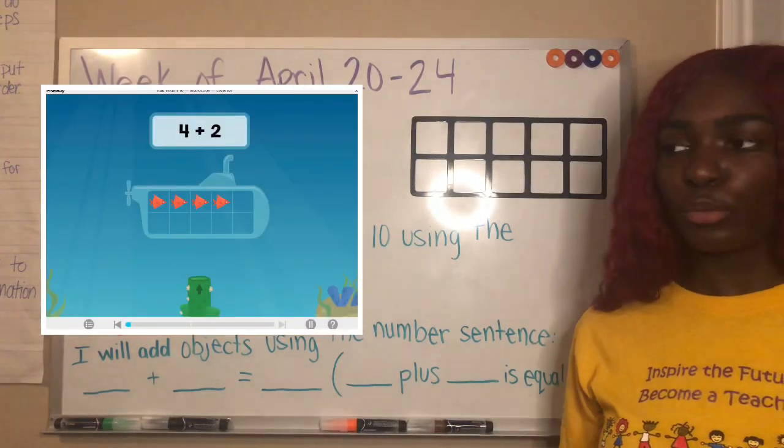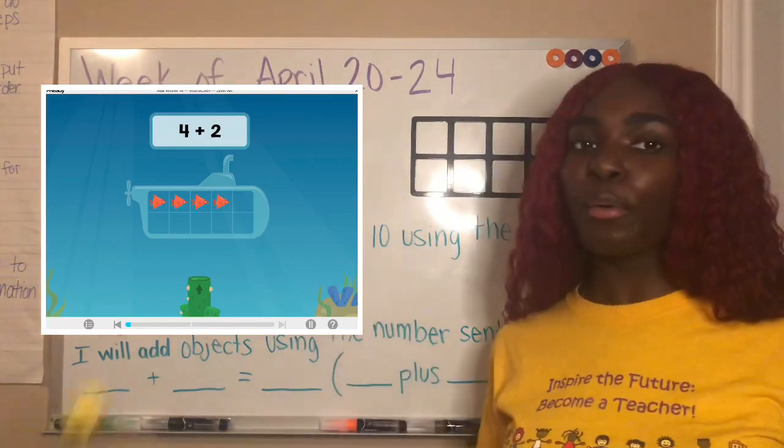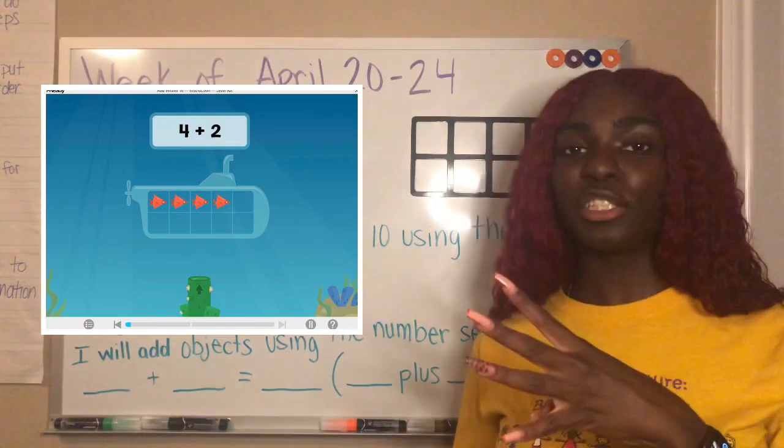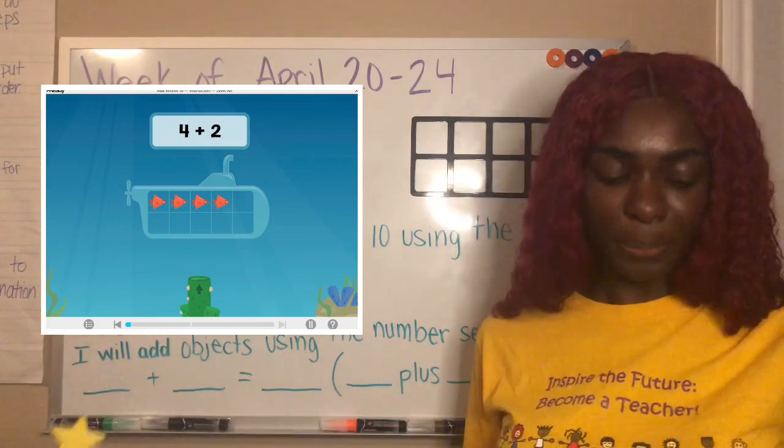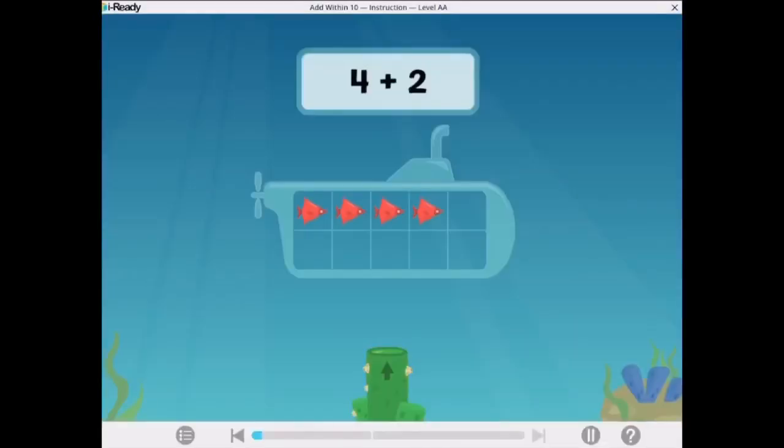Now, if you can see there, it already has 4 fish inside of the 10 frame submarine. So if we add 2 more, how many will we have in all?